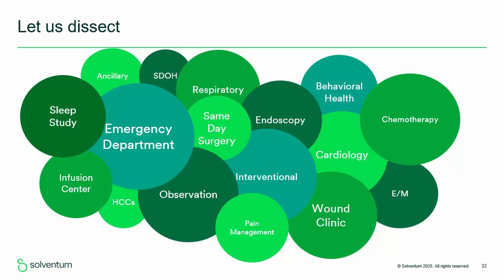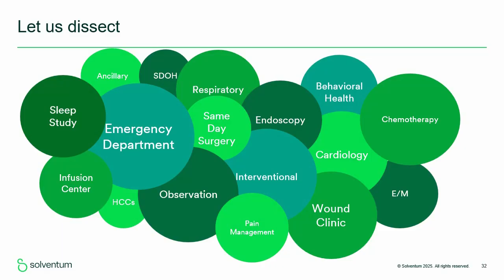So I mentioned all of those key performance indicators that we have that are available. So what these consist of is just diving into several different service lines. And we have some examples listed here where we look at emergency department, endoscopies, behavioral health, observation services, chemotherapy, ancillary services.